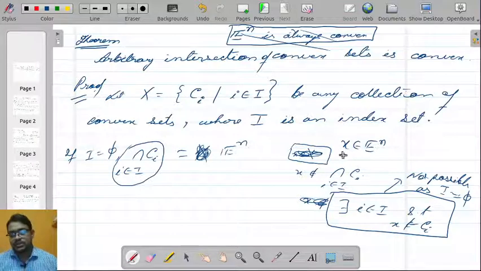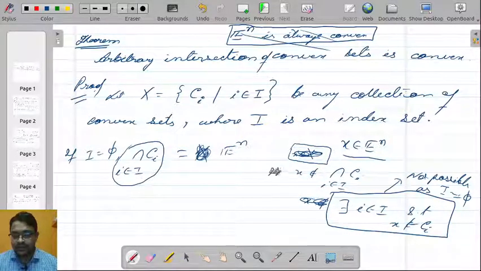This follows from the logical argument that if we take any x in e to the power n, then x doesn't belong to this intersection. If x doesn't belong to this, then there exists some i in capital I such that x doesn't belong to Ci, but this is not possible as I is empty. So it is not true that x doesn't belong to the intersection. So x has to belong to the intersection.